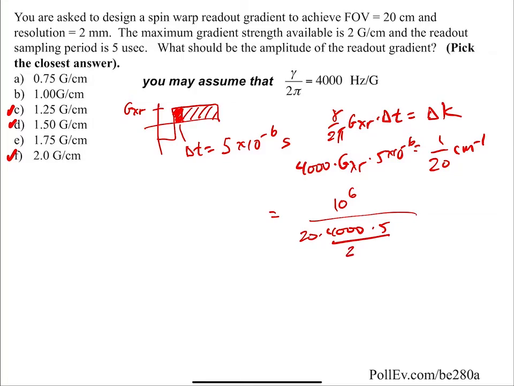That's 2 times 10 to the 4, and then this is 4 times 10 to the 5. Is that right? So I'm going to get what? 2.5. Do I get 2.5? Okay. So the closest answer is F. So the actual answer wasn't there, but the closest answer was F.